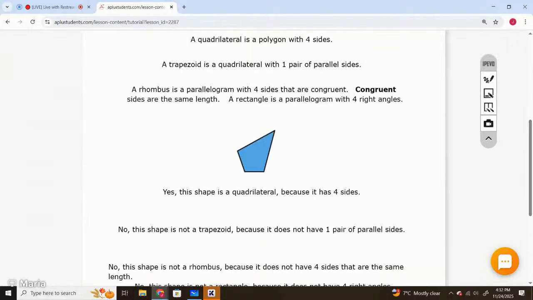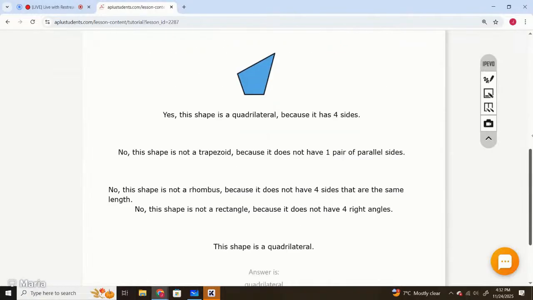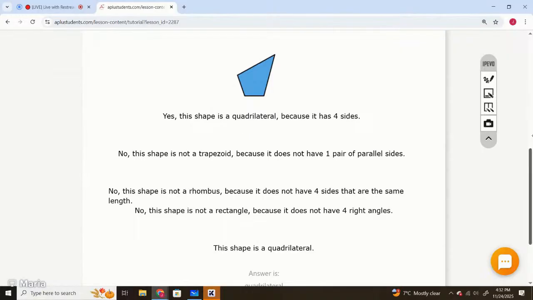Yes, this shape is a quadrilateral because it has four sides. No, the shape is not a trapezoid because it does not have one pair of parallel sides. And that is not a rhombus either. The shape is a quadrilateral.